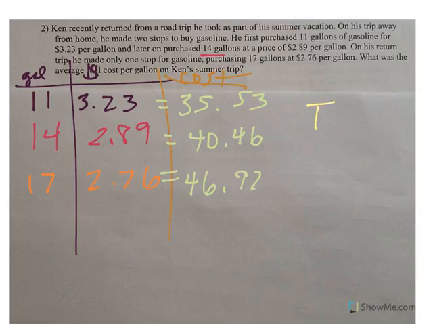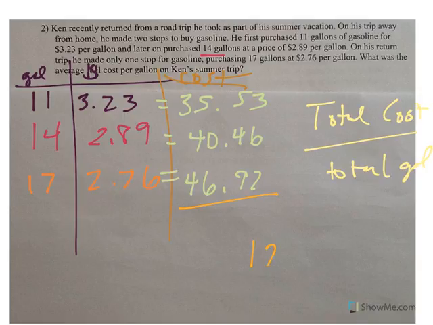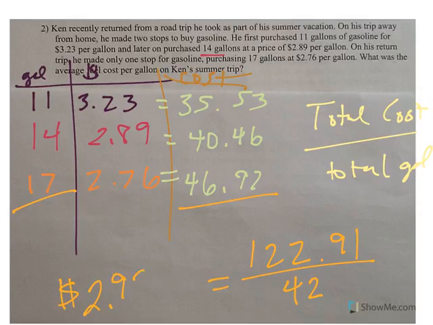So we're thinking total cost divided by total gallons. The total cost here is $122.91 on gas, and he bought 42 gallons. So his average cost was $2.93 per gallon. That last trip at $2.76 really brought down his overall average.